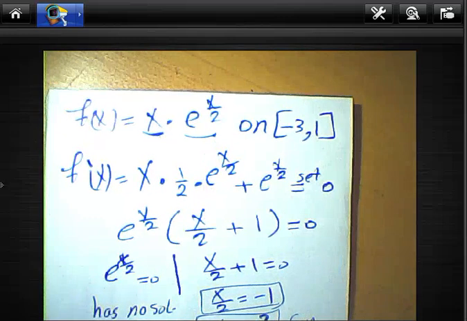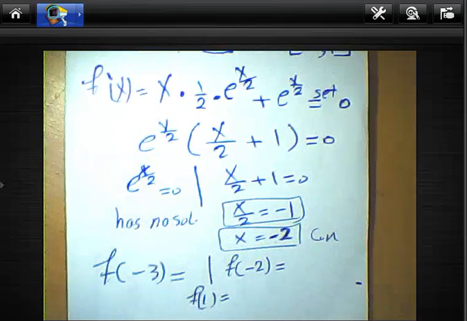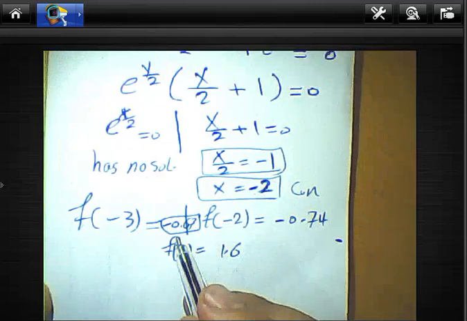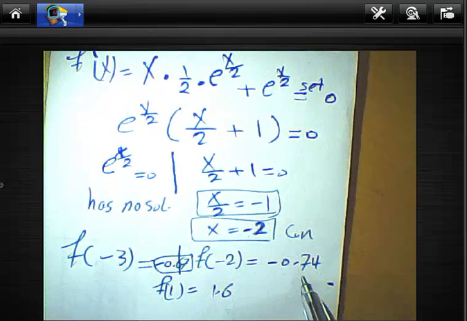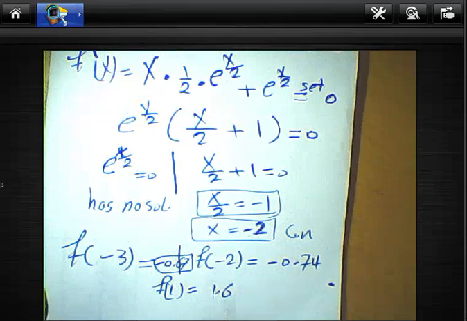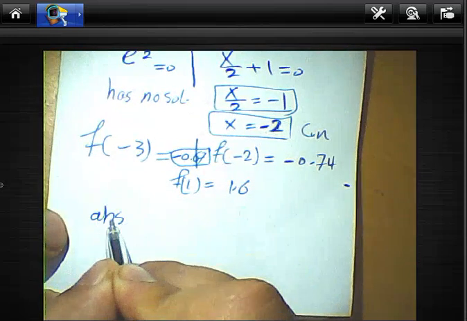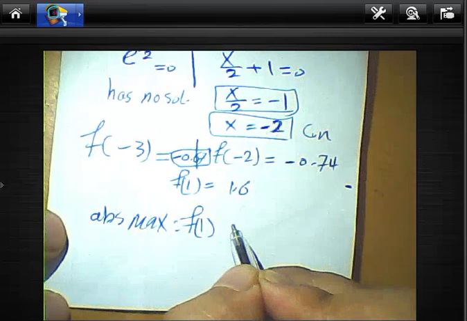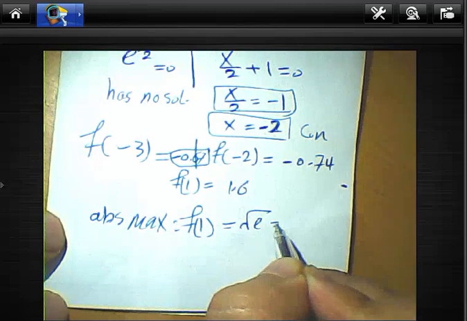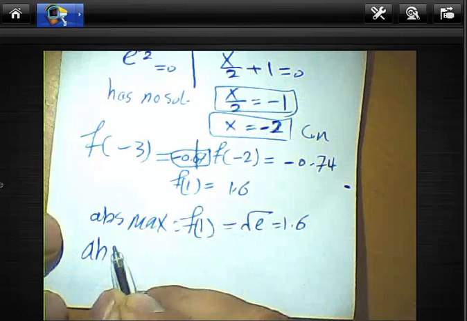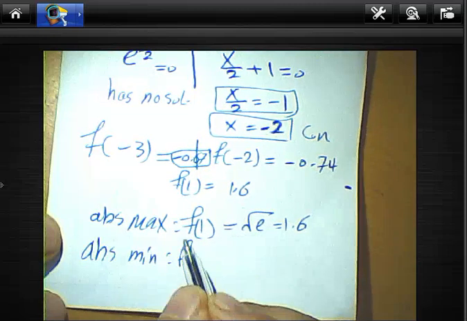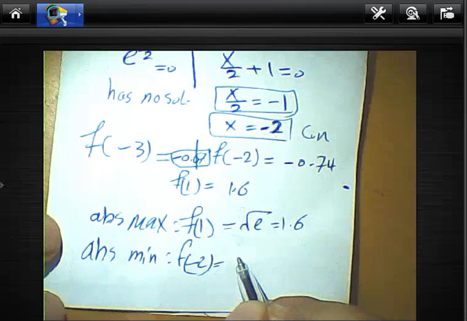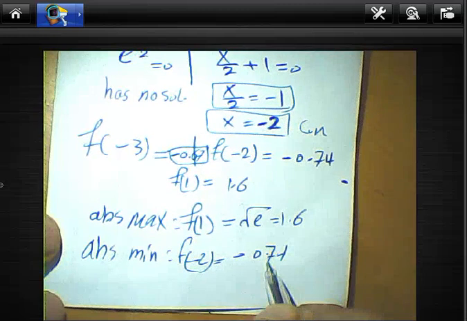You can use a calculator to find the approximate numbers. The results are negative 0.67, negative 0.47, and 1.6. So the absolute max is f of 1, which equals the square root of e, about 1.6, and the absolute minimum is f of negative 2, which equals negative 0.47.